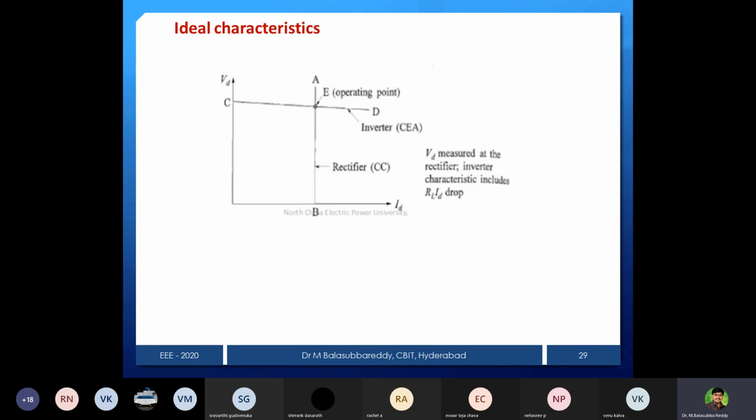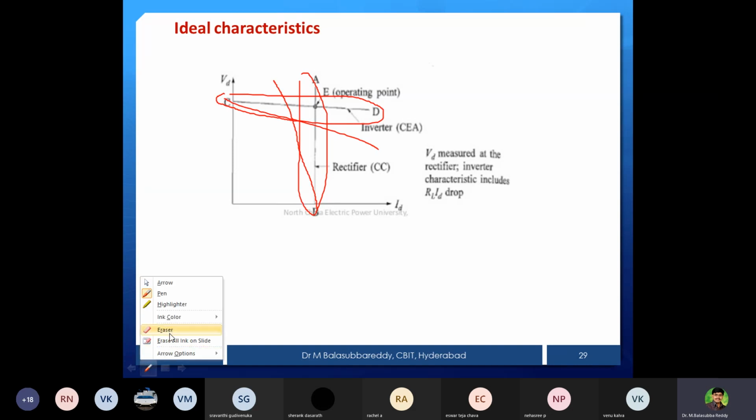Now this is our characteristic as I mentioned. There is the rectifier at constant current, CC, and then the inverter. Whatever I have shown here is ideal, but practically it should not be straight lines like this. There will be slopes on this side, and slight slopes on this side too, so the actual characteristics will differ.